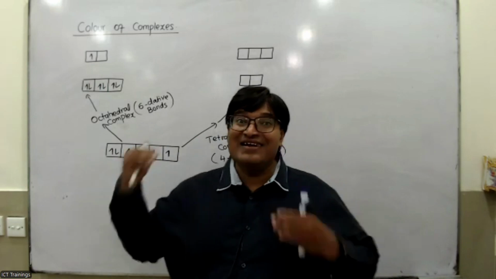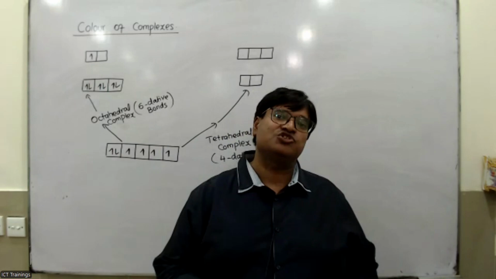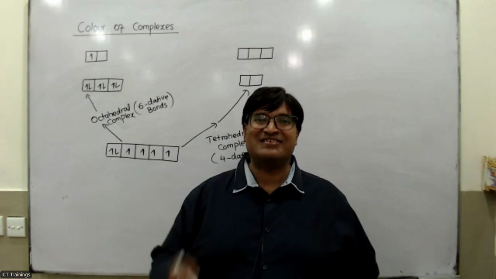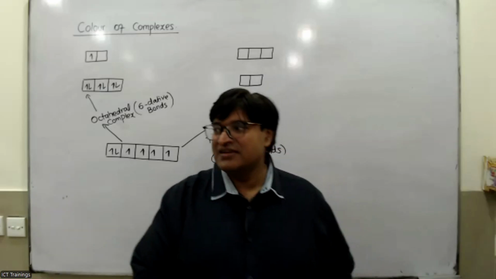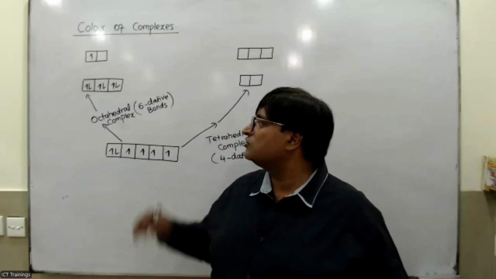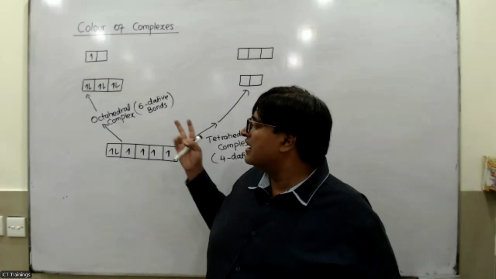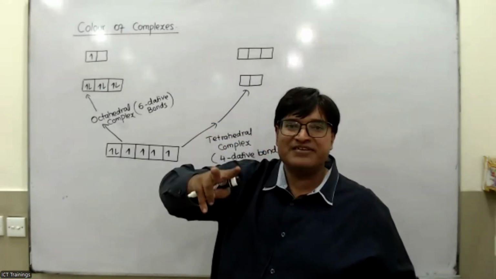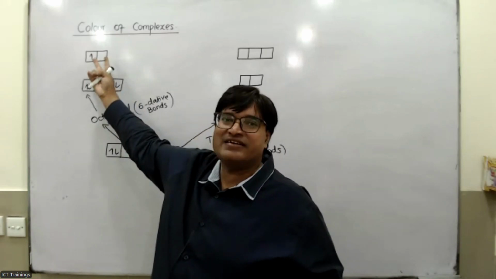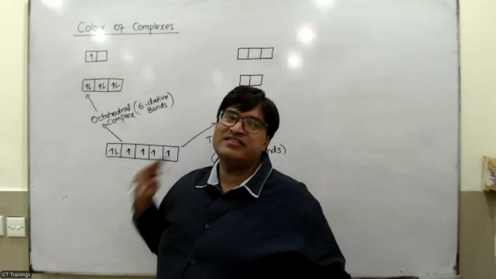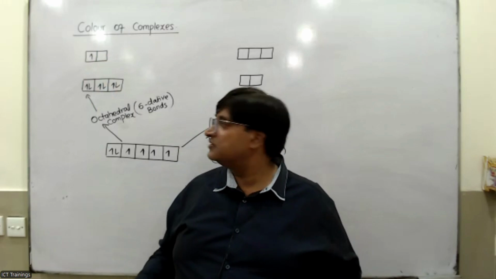But as soon as a ligand approaches the transition metal ion to make the complex, it provides its electron through the axis. So if it provides electron through the axis, the two d orbitals present on the axis would shift slightly to a high energy level. The three would remain at a low energy level.